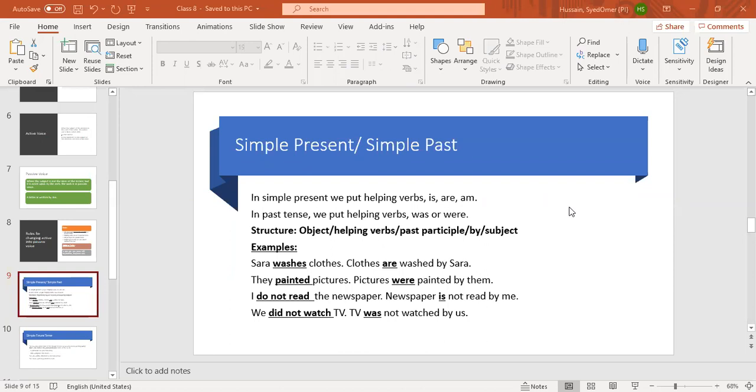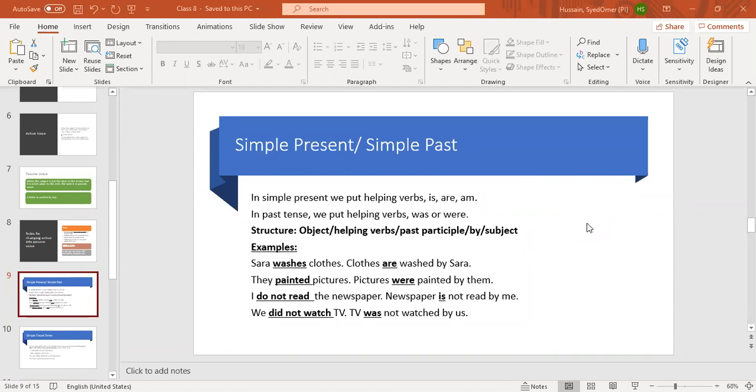Beta, one mistake. One thing is the doors. So the doors were painted by Zan, because I'm using painted, past tense. If I say Zan paints the doors, you are going to put the doors are painted by Zan. If present tense, then is, am, are. If past tense, then was, were. Good try.